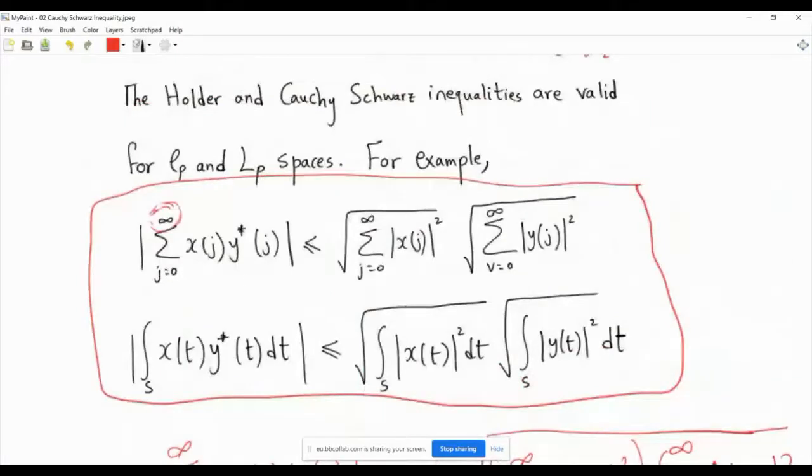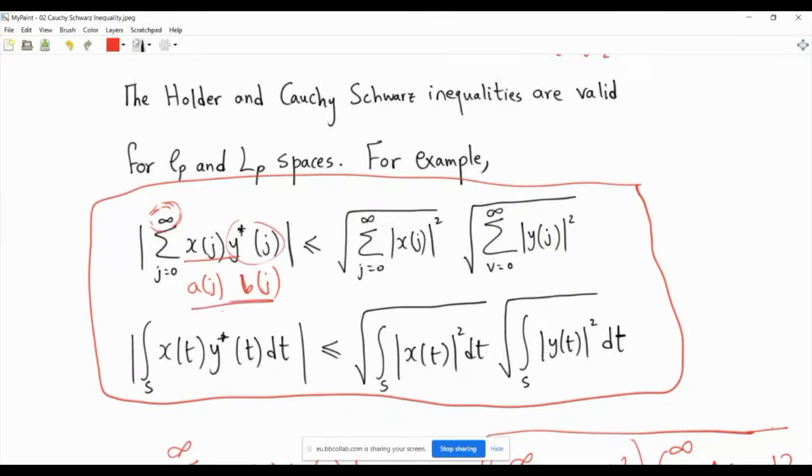You can play this game, applying this to aj and bj with its conjugate. So if you see a summation without conjugates, no problem. You can still go for the Cauchy-Schwarz inequality. Don't let this confuse you.